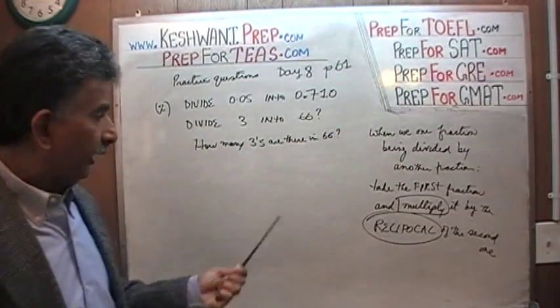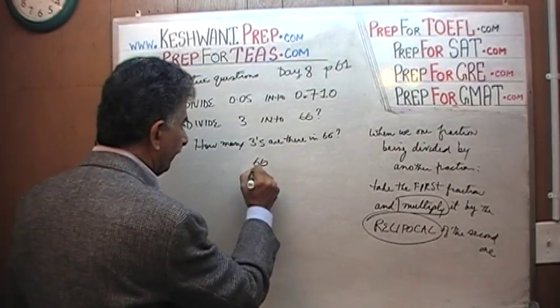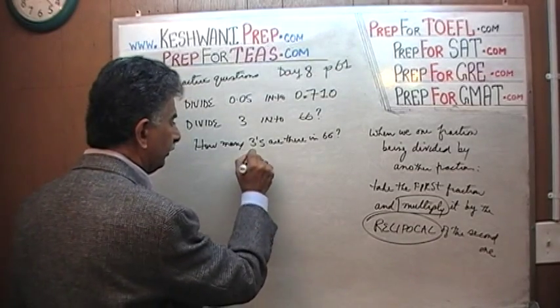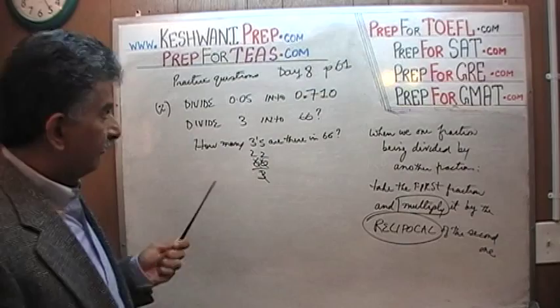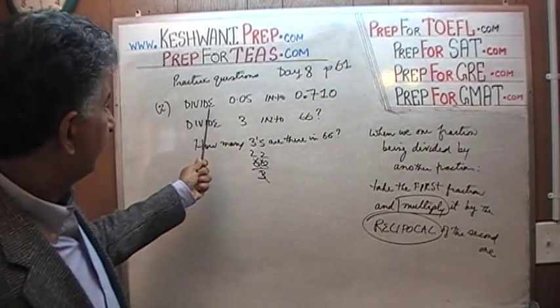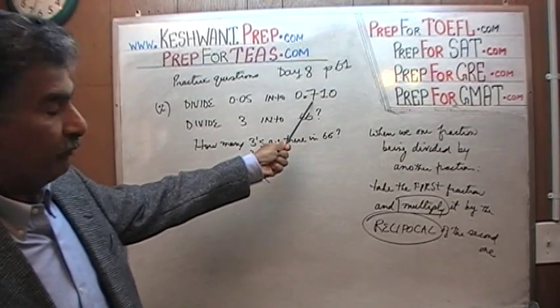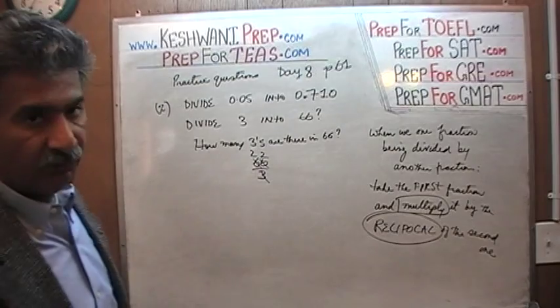And how do we find out how many 3s are in 66? Well, we take 66 and we divide by 3 and we get 22. That's the exact same thing we're going to have to do here. When they say divide 0.05 into this amount, we take that amount, 0.71, and divide that by 0.05.